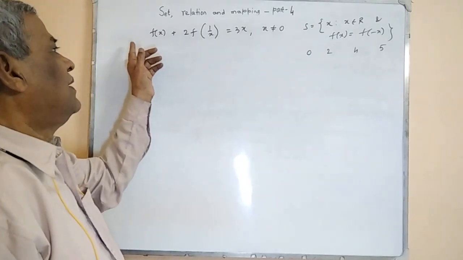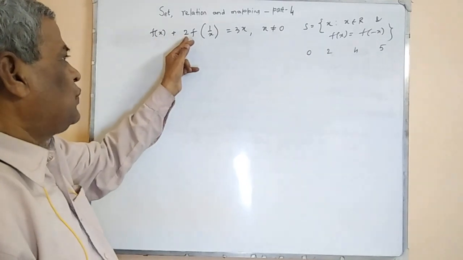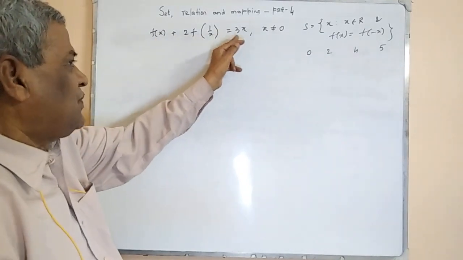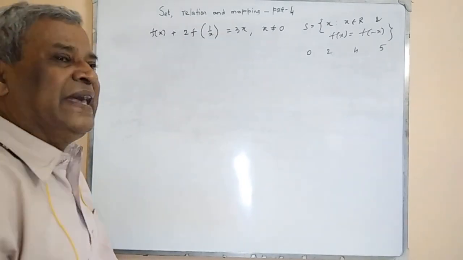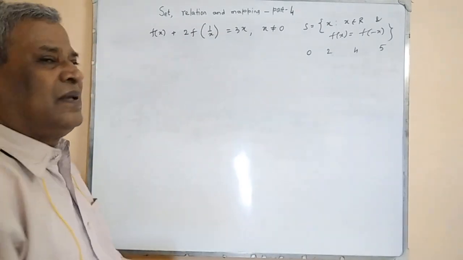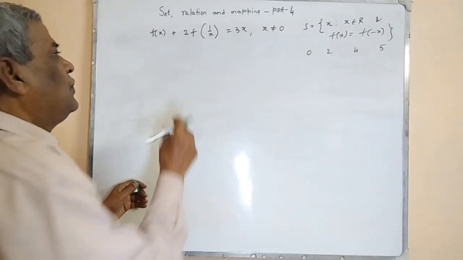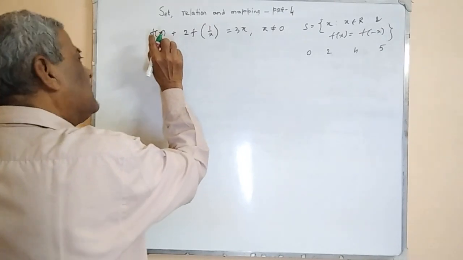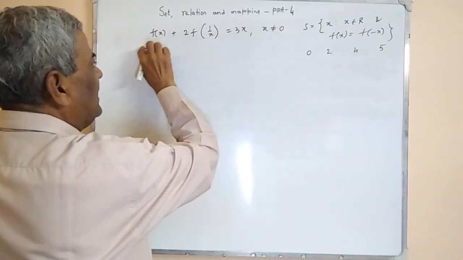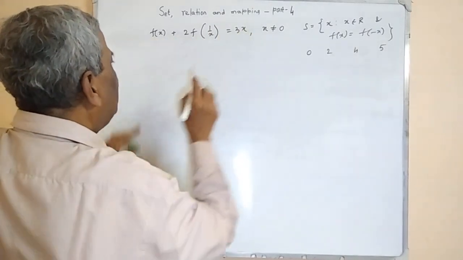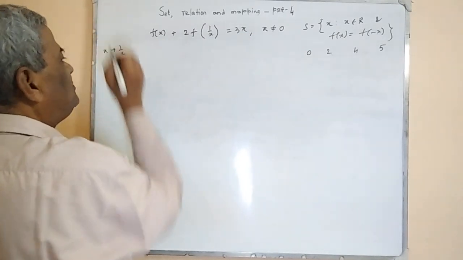So you see, f(x) plus 2 times f of 1 by x is equal to 3x. From this, we can very easily calculate the functional value of f(x). How? First of all, you replace x by 1 by x.